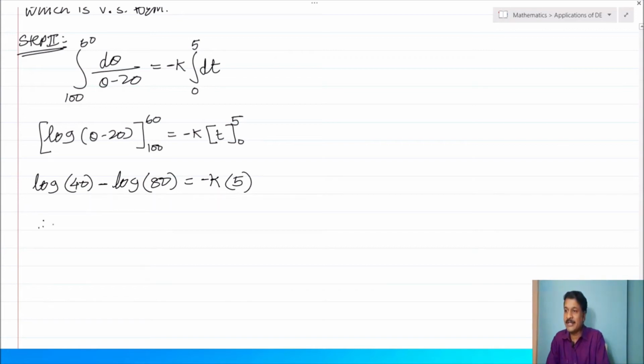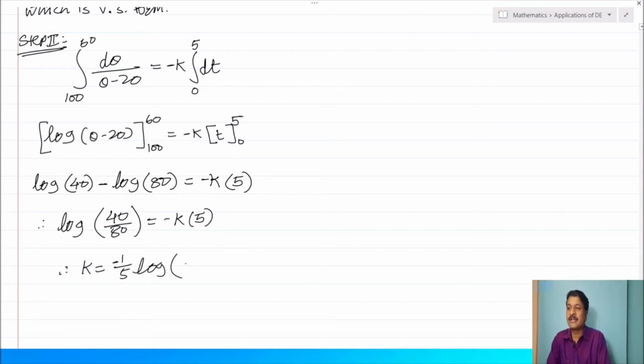And that is why I am getting log a minus log b. By property of logarithm, I can write it is log a by b. So here log of 40 by 80, and that is equal to minus k into 5. So what is value of k? Therefore k equal to minus 1 by 5 log of 40 by 80. It means that it is 1 by 2. So this is a value of k.